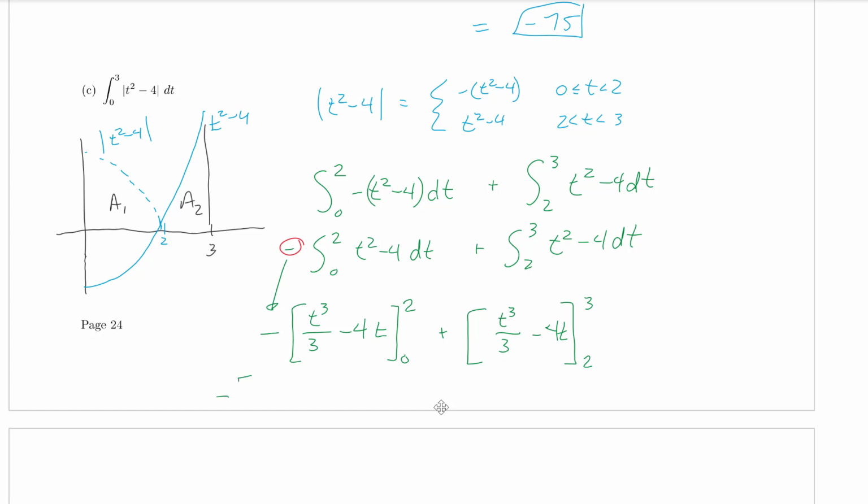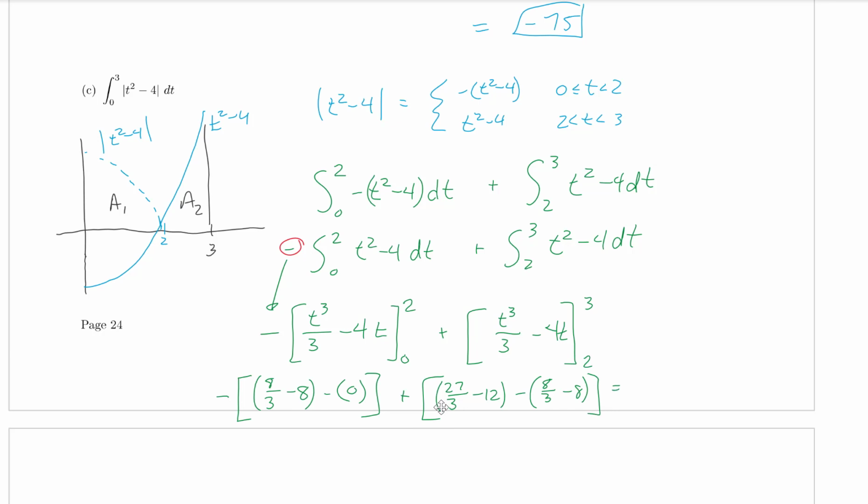So when we plug in a 2 here, we get 8/3 minus 8, minus, then when we plug in a 0 there, we get a 0. And now over here, when we plug in a 3, we get 27/3 minus 12 minus 8/3 minus 8. Let's go ahead and end our parenthesis here and end our big square bracket.